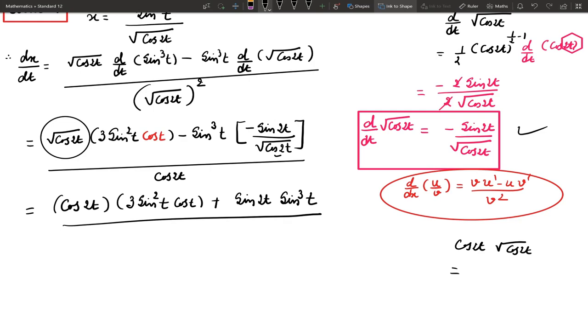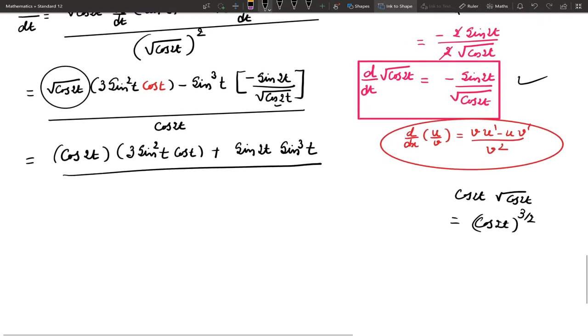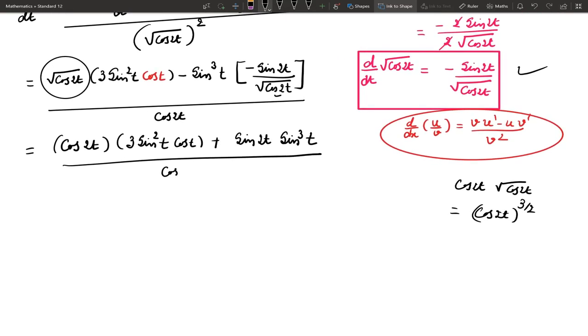By the rules of indices, this will be cos 2t raised to 1/2 plus 1, that is 3 by 2. So the denominator is cos 2t raised to 3 by 2.